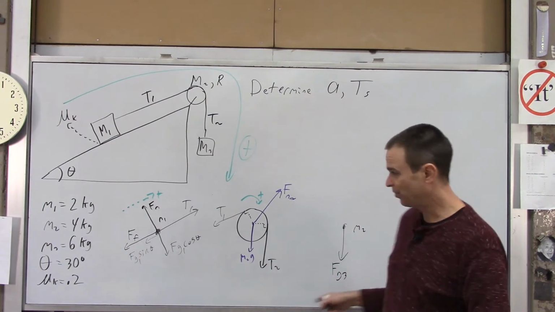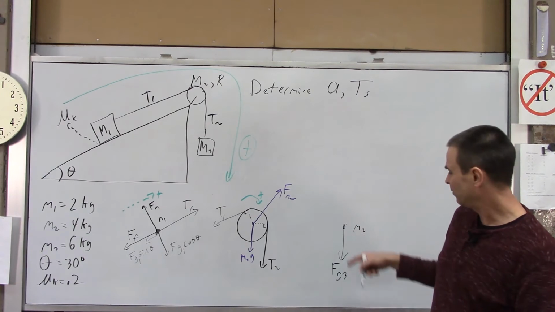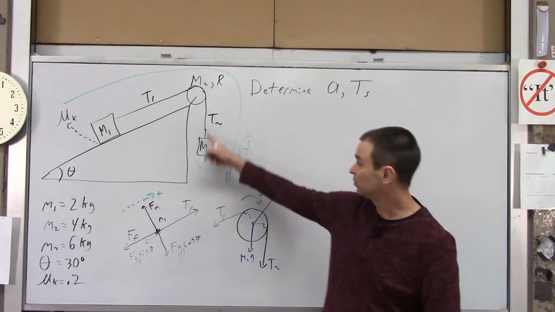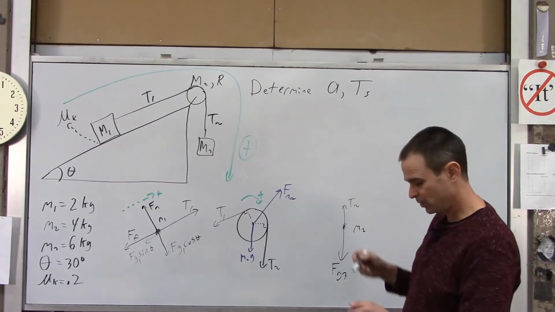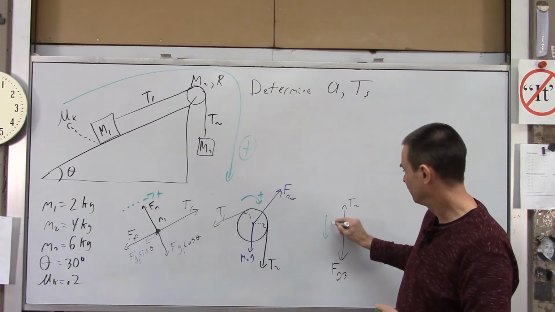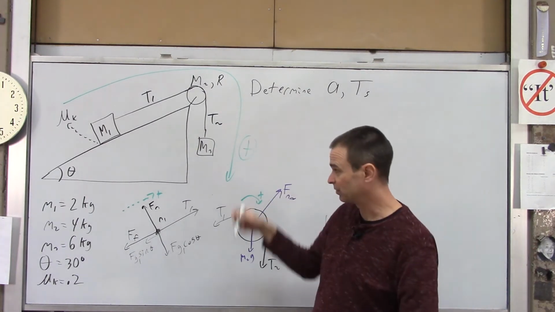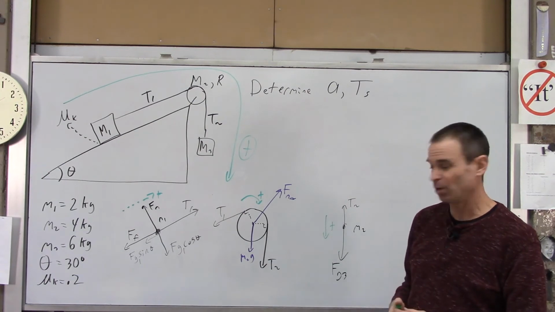So FG3 and FG1 are going to be different values, so I'm going to label them differently. So I got FG3, and then the string is trying to hold it back. We'll call that T2. And for this dude, down is positive. That's our positive direction.